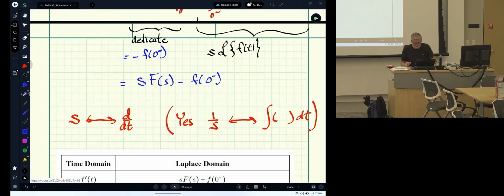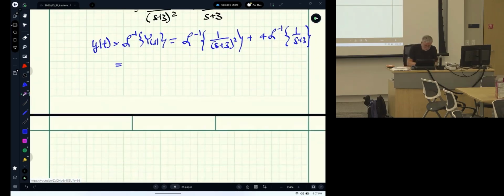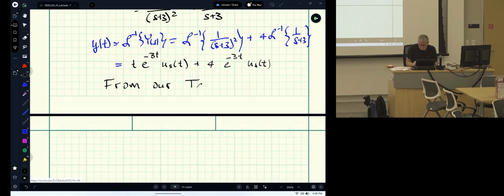So using our tables, this one is t e to the minus 3t unit step of t, and that's 4 e to the minus 3t unit step of t, and this is from our tables. Or table, actually.